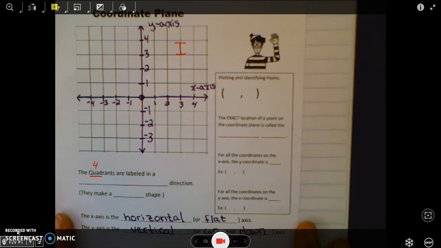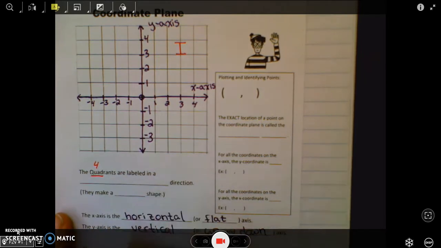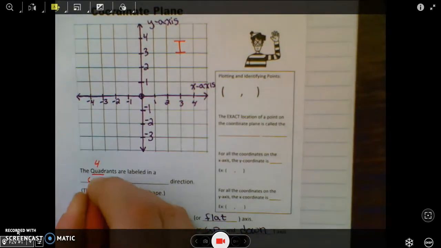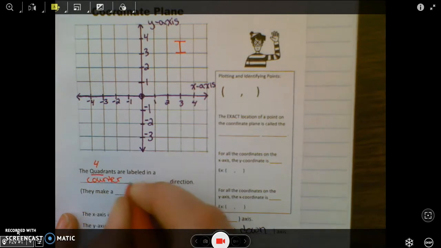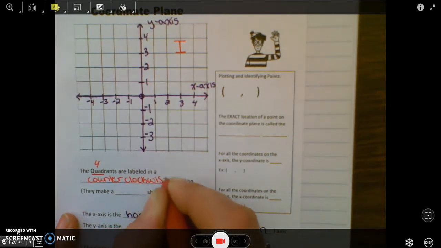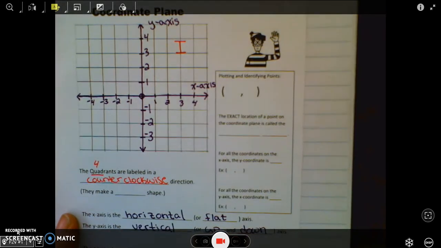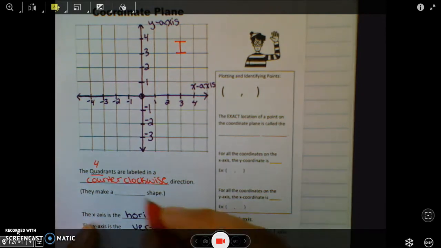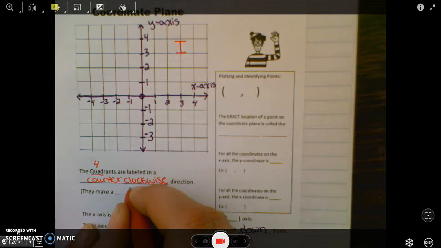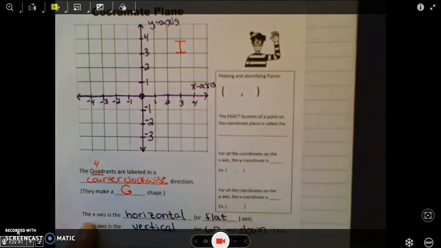Now, I'm going to fill in this blank here, counterclockwise direction. So counterclockwise is a big word, but what it means is I go against the direction that the hands go on a clock, okay? So that is essentially making a C shape, and I will draw the arrow.